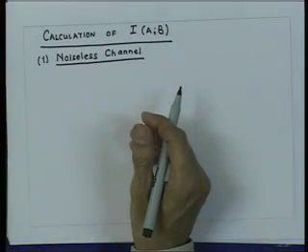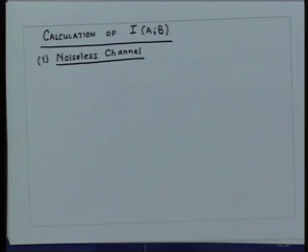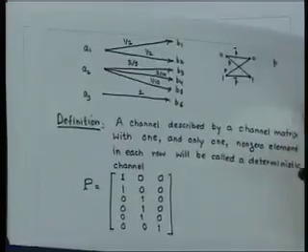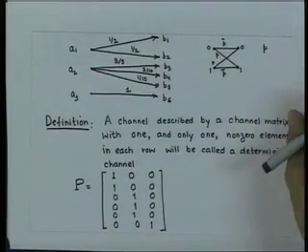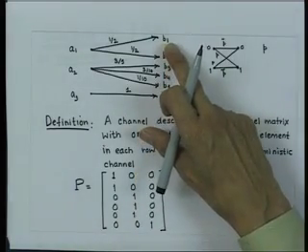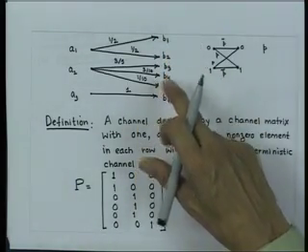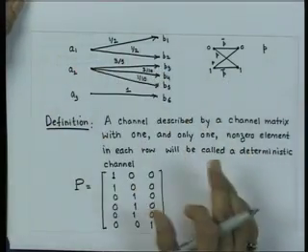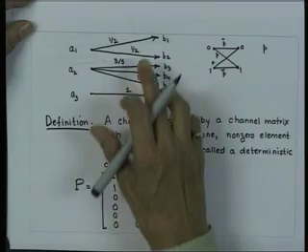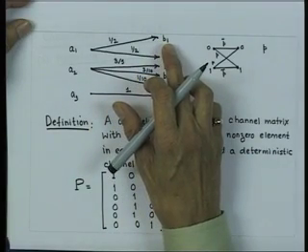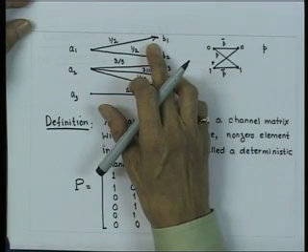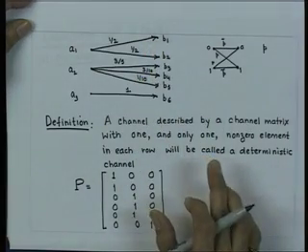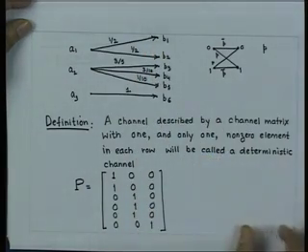Now, in a noiseless channel, an example of which we saw earlier, when we observe the output B j, we know with probability 1 which A i was transmitted. That is, the conditional probabilities P of A i given B j are all either 0 or 1.